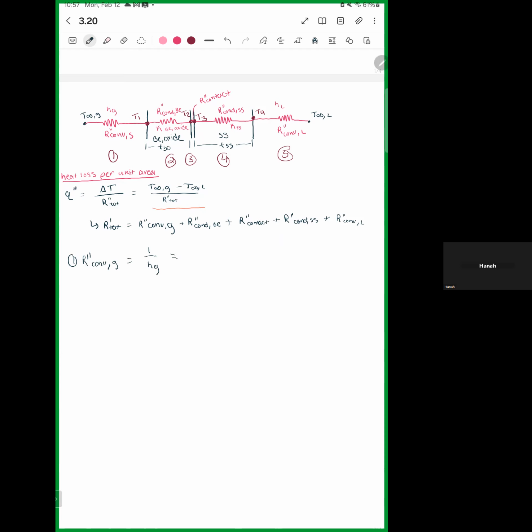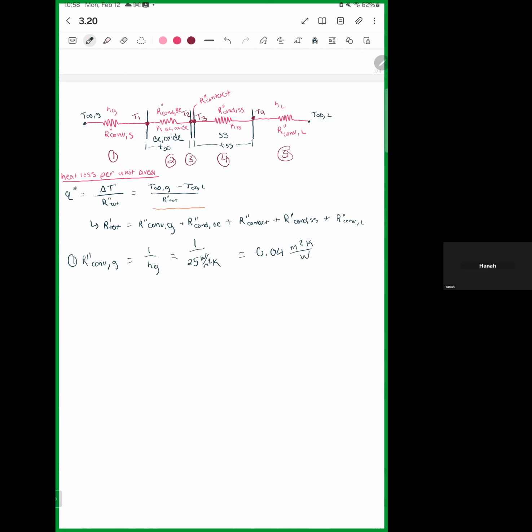And that's equal to 1 over 25 watts per meter squared Kelvin. So then we know that R double prime convection is 0.04 meters squared Kelvin per watt.